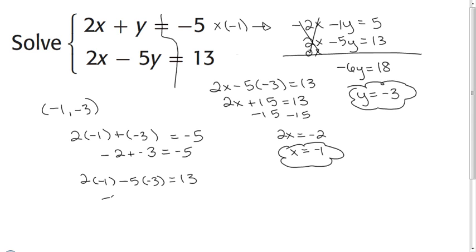I get -2 minus -15, so that's plus positive, and that gives me 13. So this solution that I found makes both equations true. That is what I'm looking for. Again, if we think of this visually, this would be the point where my two lines cross. I can find that point without graphing the lines.